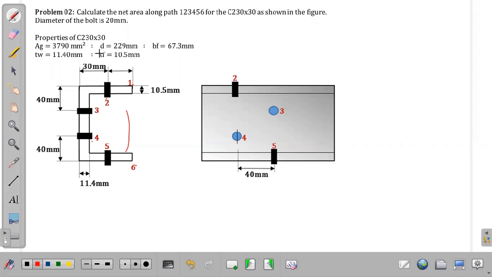The properties of the C230 by 30 are given here: Ag, tw, d, t, bf. So we are looking for the net area along path 1, 2, 3.